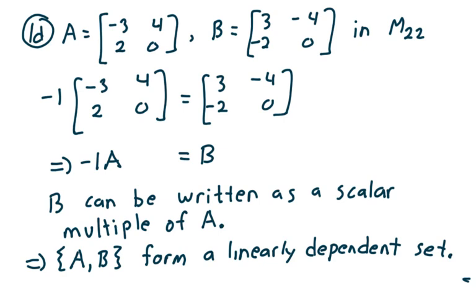So therefore, -1A equals B, right? And so B can be written as a scalar multiple of A. And so the set containing matrices A and B form a linearly dependent set. That's 1d.